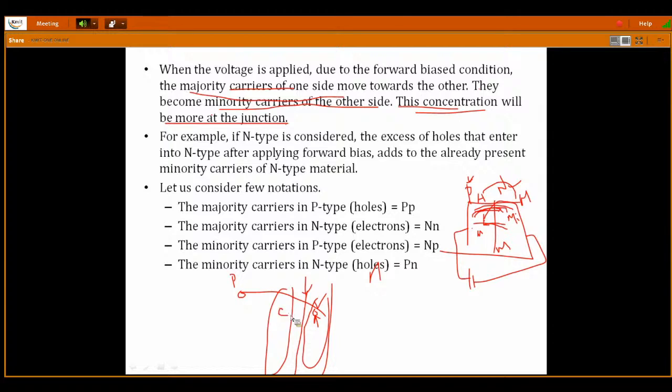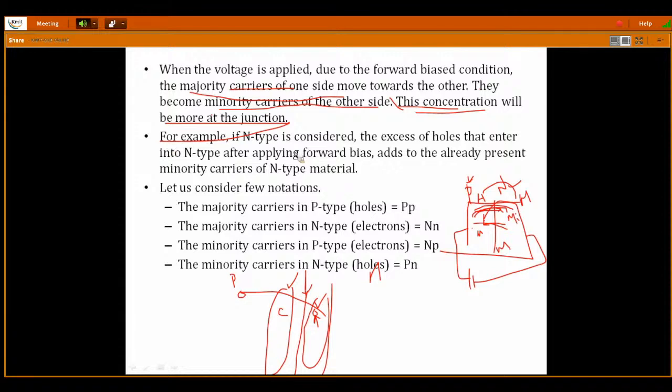In the forward bias, majority charge carriers are moving, and a maximum current is flowing. This is a concept. Whenever majority charge carriers move from one region to another region, in that region they become minority charge carriers. Now, this minority charge carrier concentration will be more near the junction. Just remember only this concept. This concentration is more at the junction.